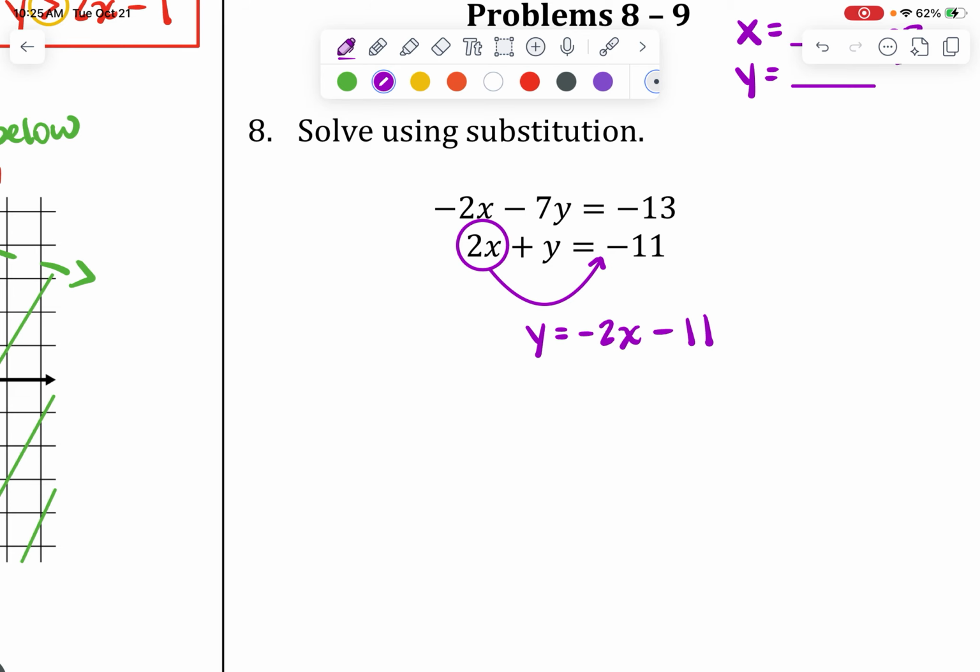And that is what I need to use the substitution method. So now that I know that y equals -2x minus 11, that means wherever I see another y, here's one, we're going to substitute that expression in for the y value in the other equation.